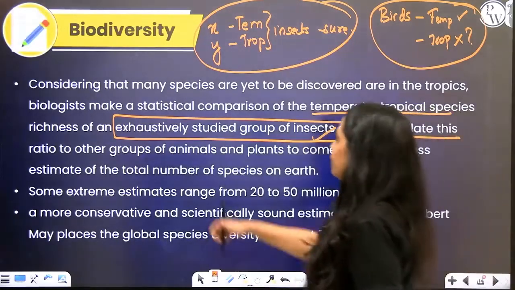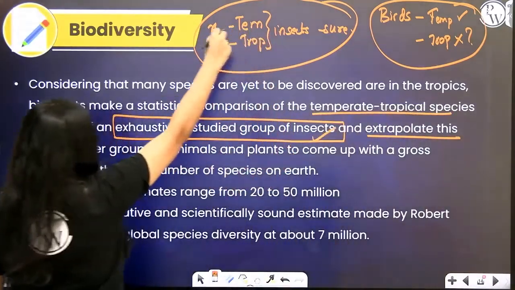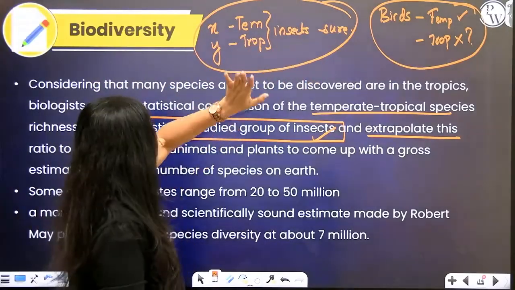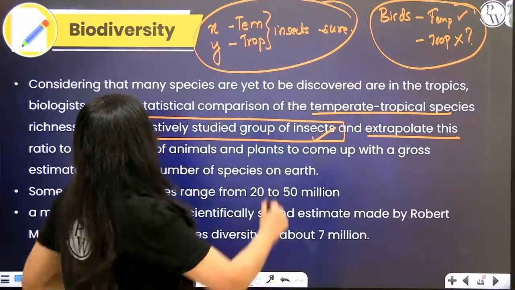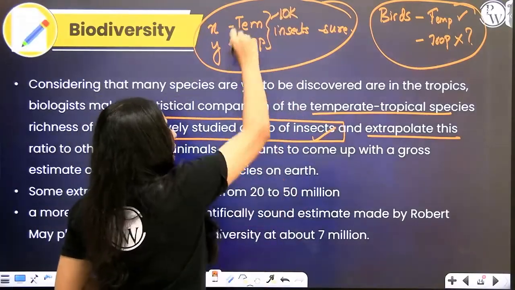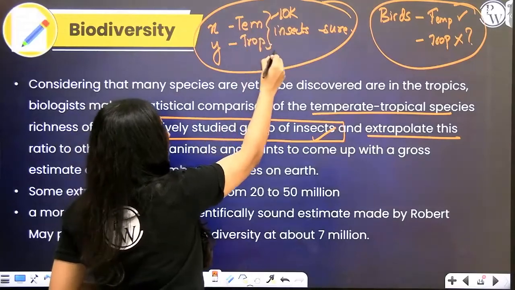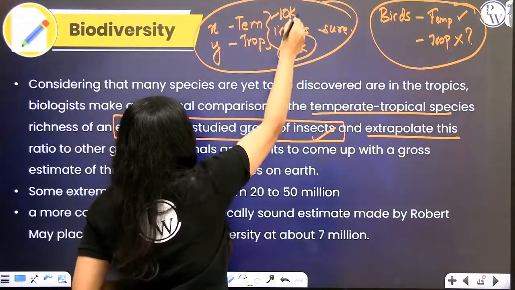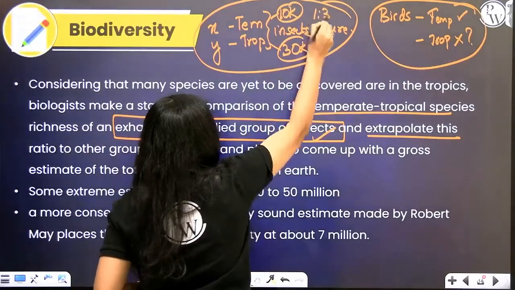For example, in the temperate countries, we are talking about a group of insects. Let's say for that group of insects, they found 10k species, and the same group of insects in the tropical, there were probably 30k species. So we know this, the ratio is 1:3.